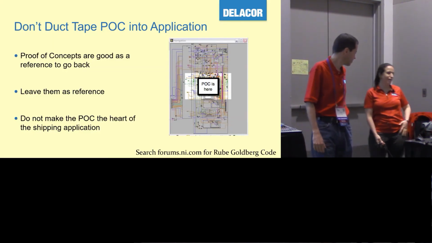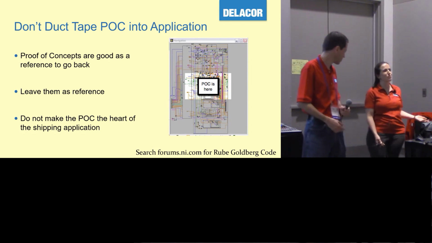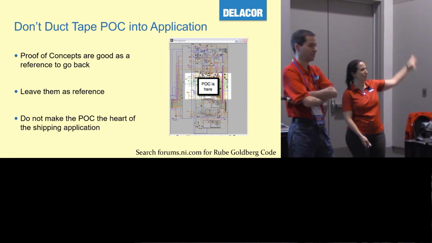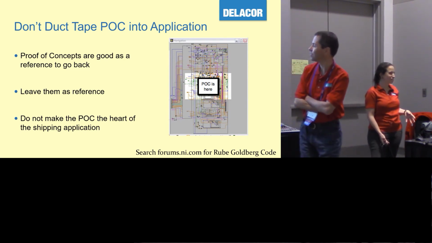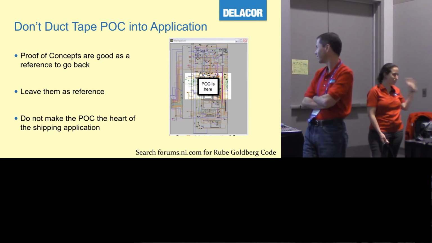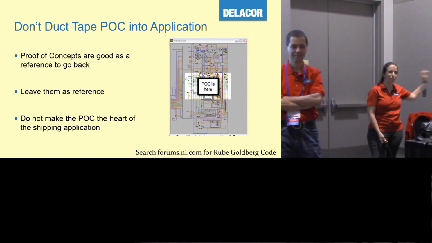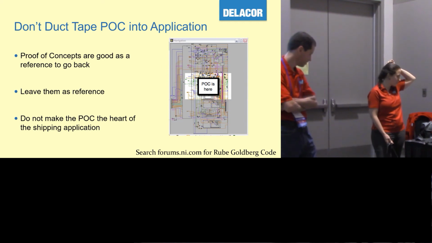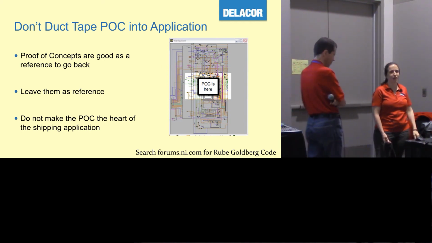Okay, so in software, don't use duct tape to take that proof of concept that you did and then create a spaghetti code around it, right? Proof of concept should be a reference to go back to, something that you run to make sure that whatever you were building still works. Do not make it the heart of your application.